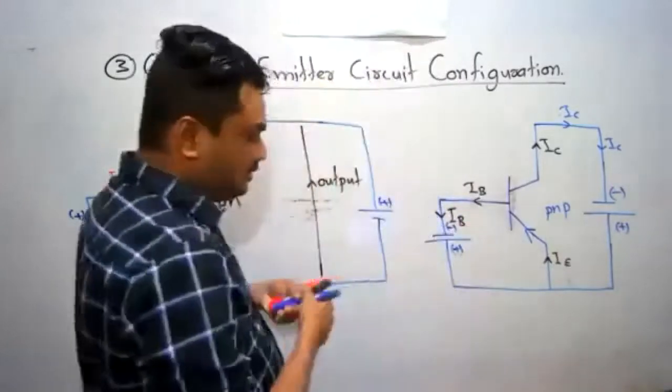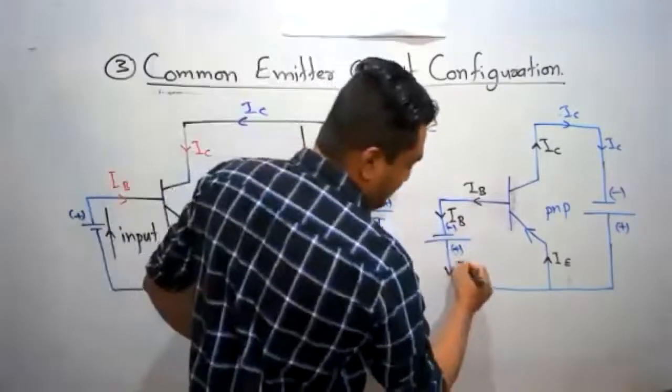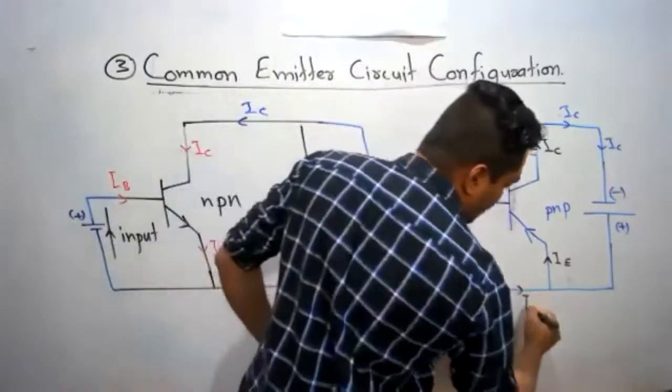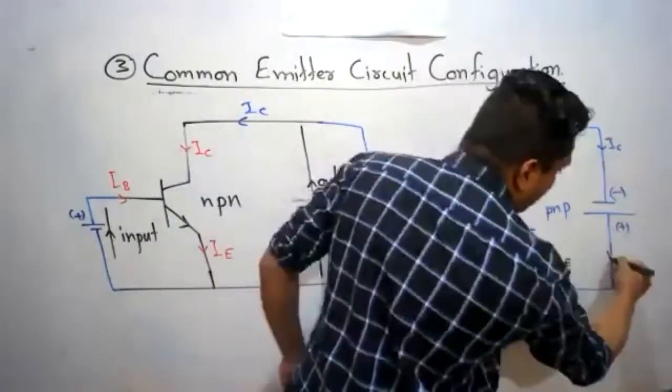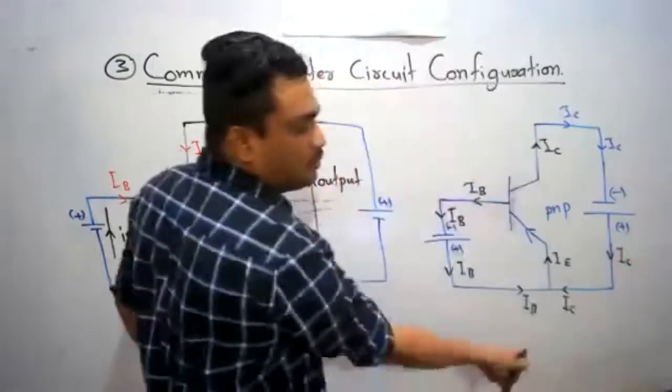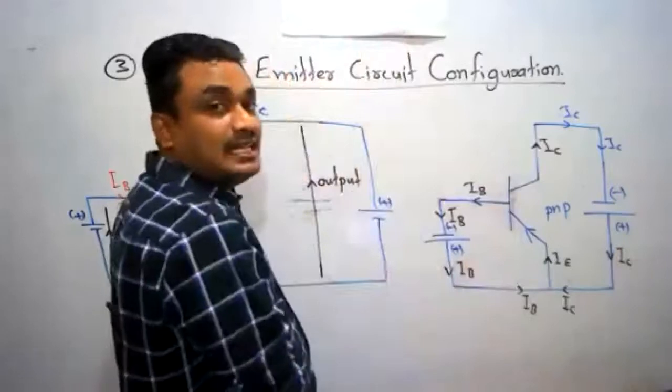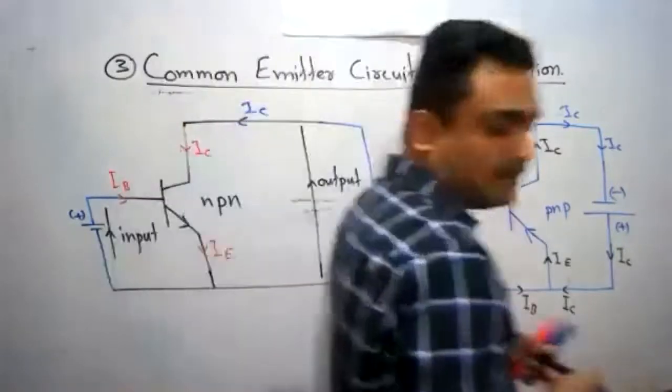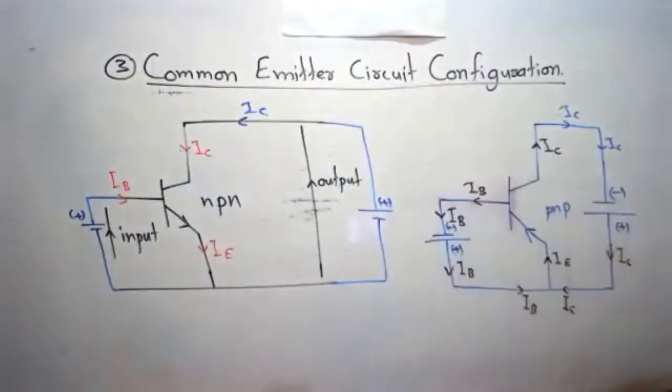Now both this IB current and IC current flow through the battery and reach this point. IB and IC connected together flow into the battery as IE. Right? Draw both circuits here.